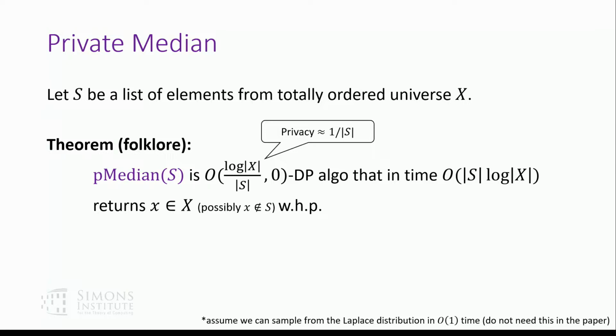What it does is return some element in the universe. This element X might not be from your set, by the way. But the rank of X with respect to your set should be close to the median, close to half. So it's really just an approximate median, but it's private. So from now on, you just think that if you have a set of size S, you can return a median of it such that the privacy is something like 1 over S.